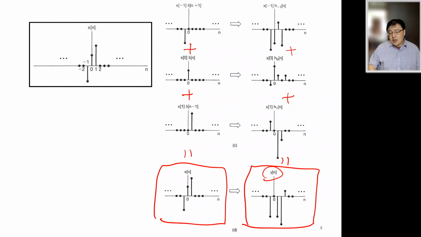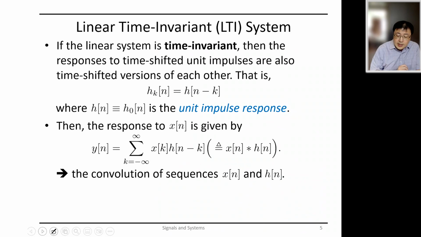Okay, so this is when the system is linear. Now, if you further know that the system is also time invariant, then you can further simplify this expression a little bit, because for time invariant systems, the responses to time-shifted unit impulses are also time-shifted versions of each other.